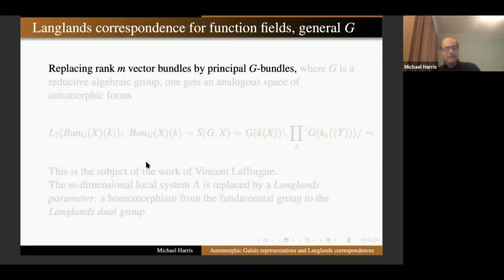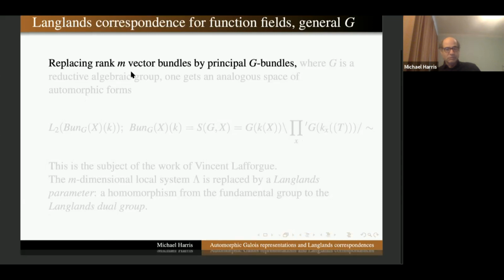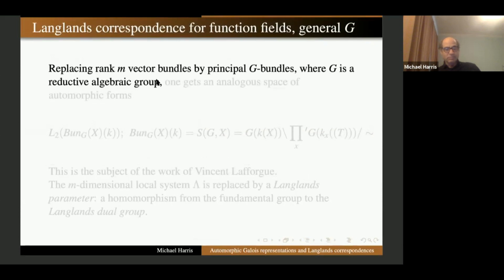Now I'm almost at the end. Suppose we replace rank m vector bundles by principal G bundles, where G is a reductive algebraic group. So these are just principal homogeneous spaces over X, where G acts.